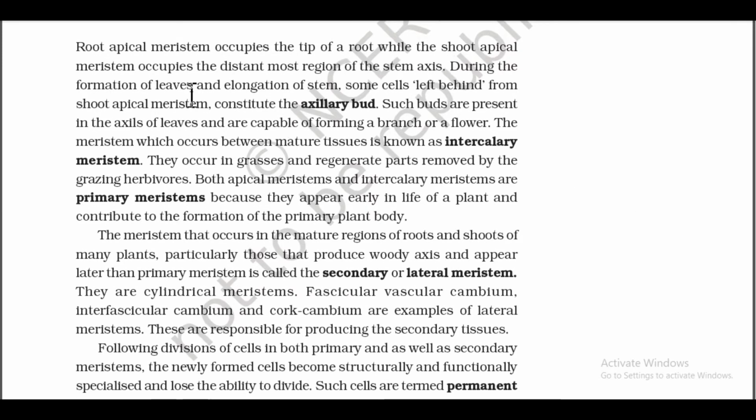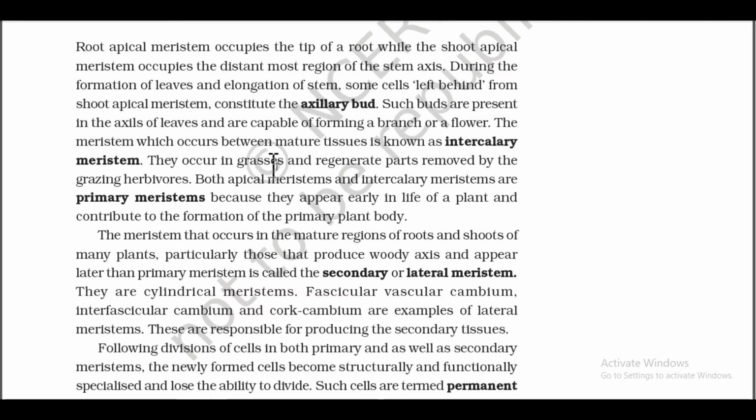During the formation of leaves and elongation of stem, some cells left behind from shoot apical meristem constitute the axillary bud. Such buds are present in the axils of leaves and are capable of forming a branch or a flower. The meristem which occurs between the mature tissues is known as intercalary meristem.